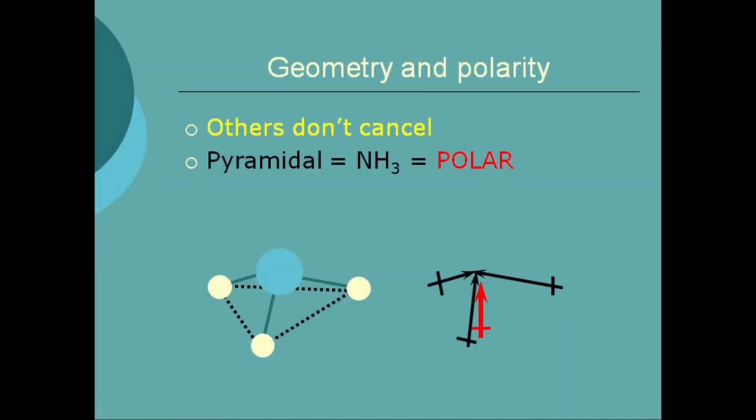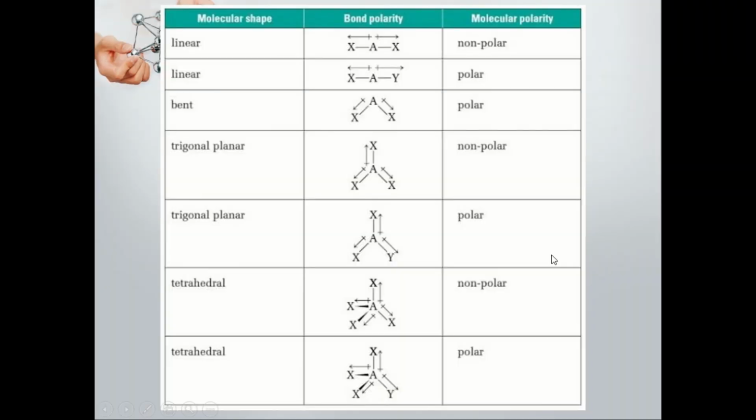Another example, pyramidal, NH3, is also polar. As I have said, molecular shape and dipole moment are very important in determining the polarity of our molecules. It can be linear, bent, trigonal planar, or tetrahedral. And for linear, it can be polar or nonpolar depending on the direction of the dipole moment.